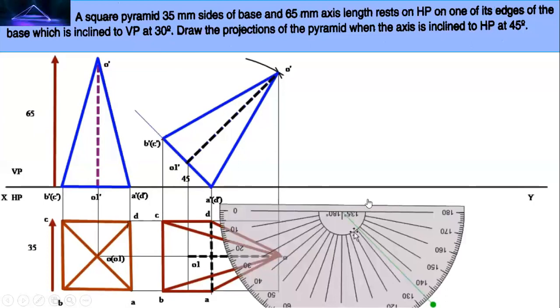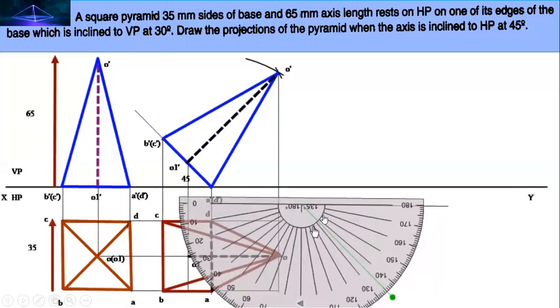Draw a parallel line to XY. Then inclination with respect to VP is 30 degree. So 10, 20, 30 degree, draw an inclination line.